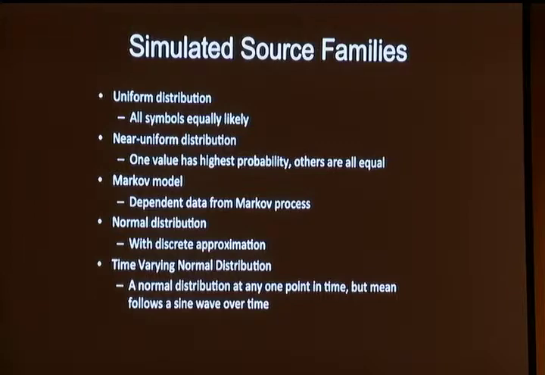And we also have the Markov model, where we assume that the samples have some dependencies between each other, and we construct a transition matrix and generate our sample values based on this transition matrix. We also generated some values from a normal distribution, using a discrete approximation.